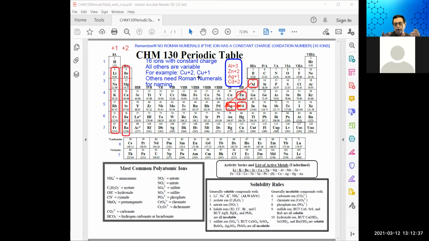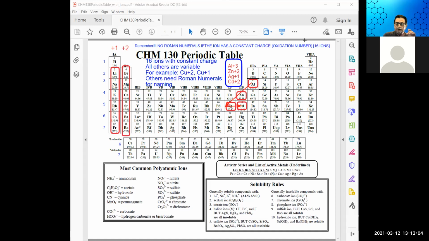We use Roman numerals. For copper 1, we would write copper, and then in parentheses the Roman numeral I. And copper 2 will be copper, parentheses, Roman numeral II, but more on that in a bit.